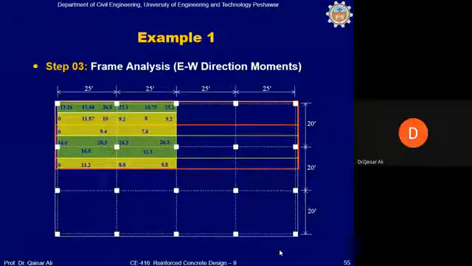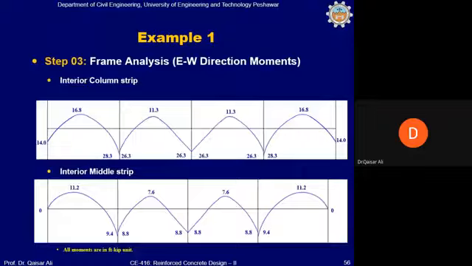I will do it for the east-west direction column strip interior negative bending moment, which is this value, 28.3 foot kip. I will calculate the area of steel and the spacing required corresponding to number 5 bar, and the rest you can determine yourselves.